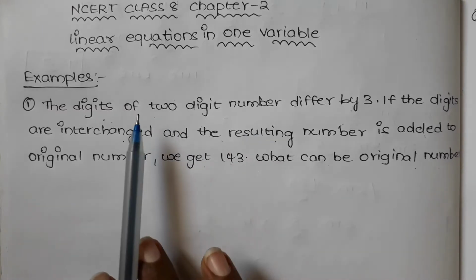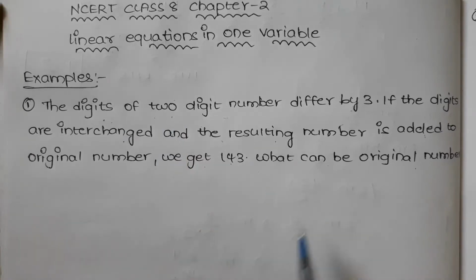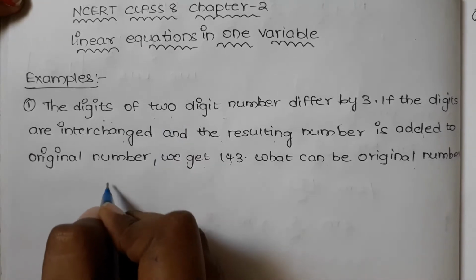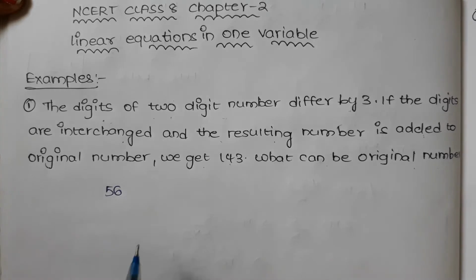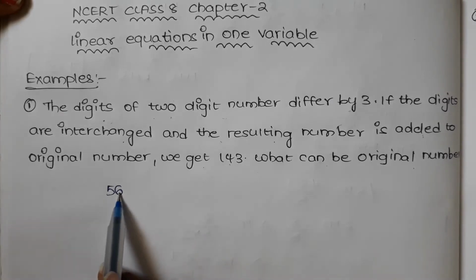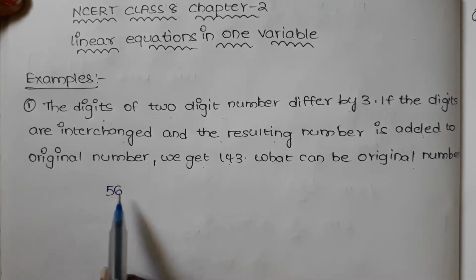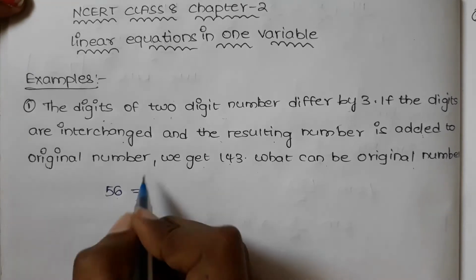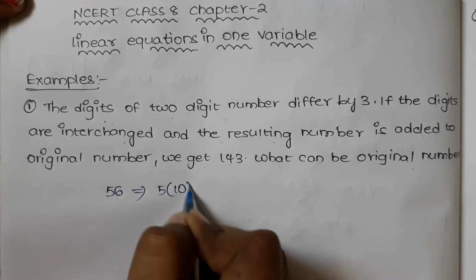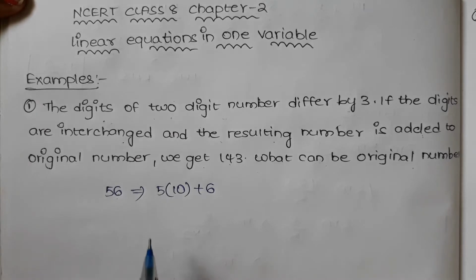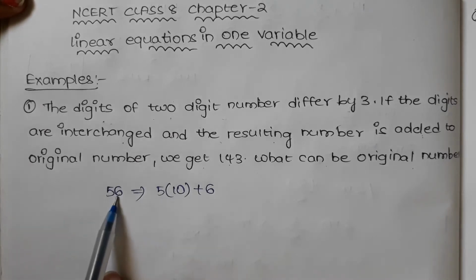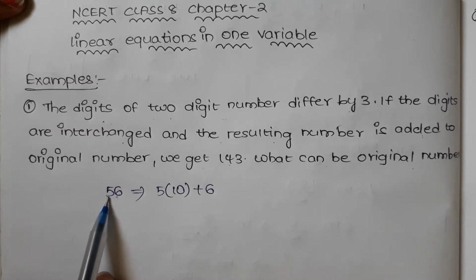Let us take one two-digit number, 56. This 56 can be written as 5 into 10 plus 6, because here 6 is the ones place, that is the units place, and 5 is the tens place.